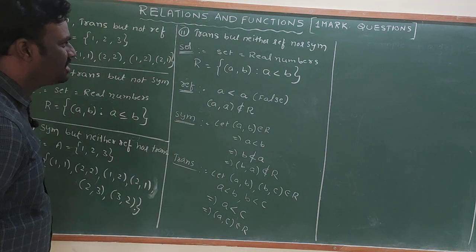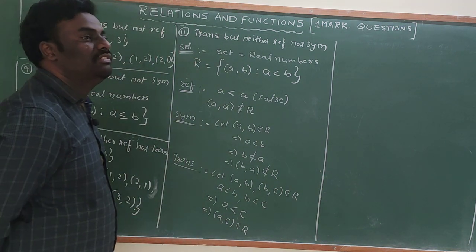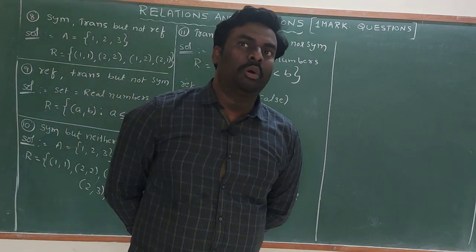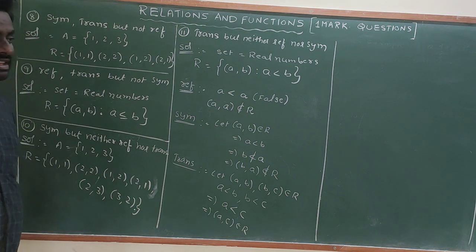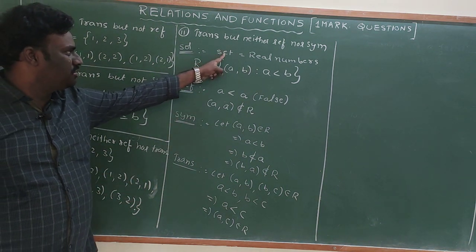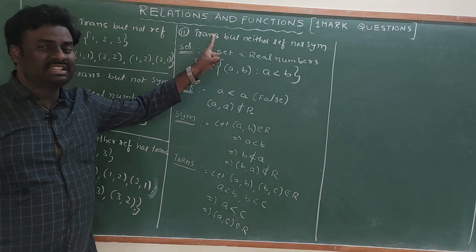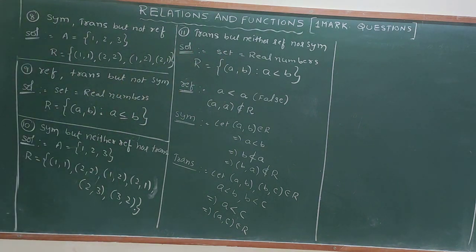So this is an example of a relation which is transitive but neither reflexive nor symmetric. But in the exam no need to prove this, we just need to write the set and the relation. That is enough in the examination.